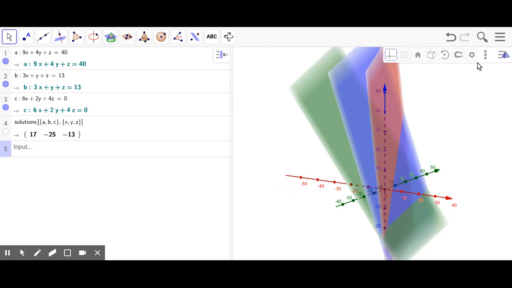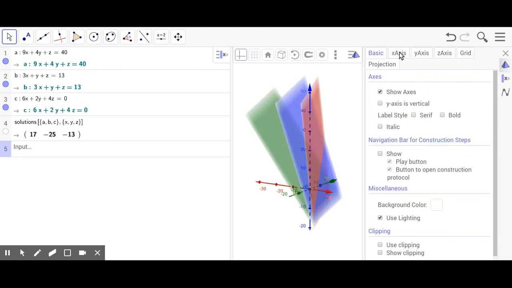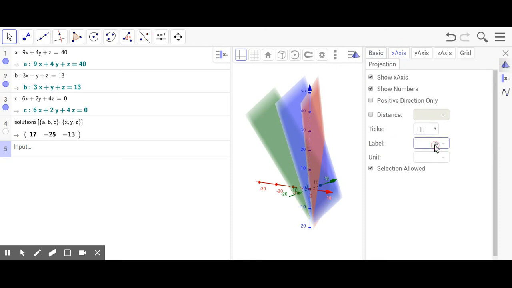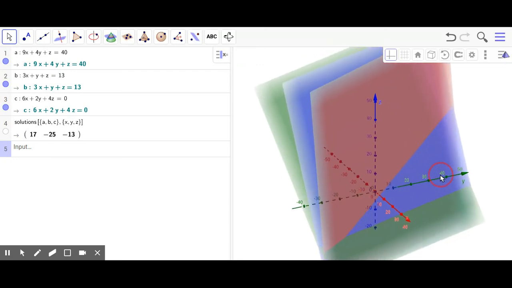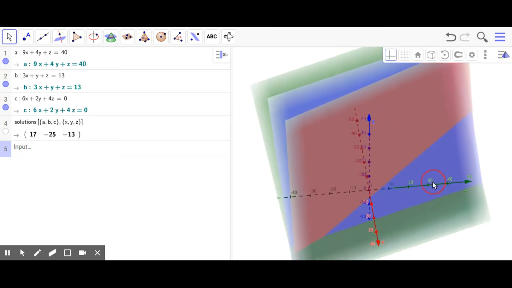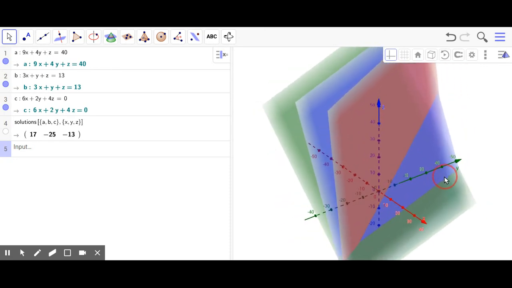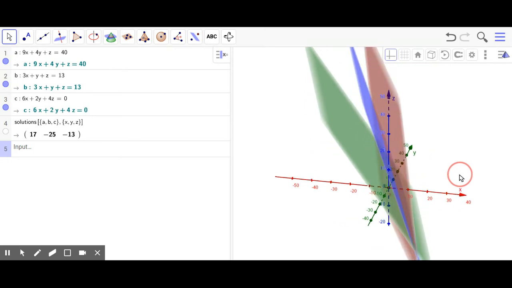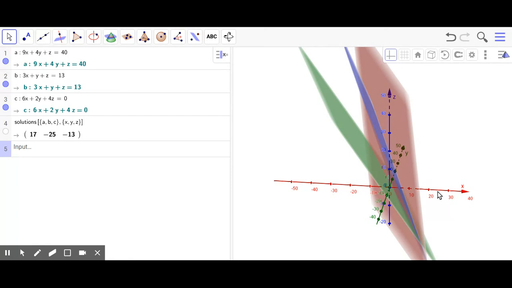If you want to check what each of the axes are, if we click that settings cog, then we change the labels to X, Y, and Z. We can then see, sorry, x is positive 17, so x is all the way up here.